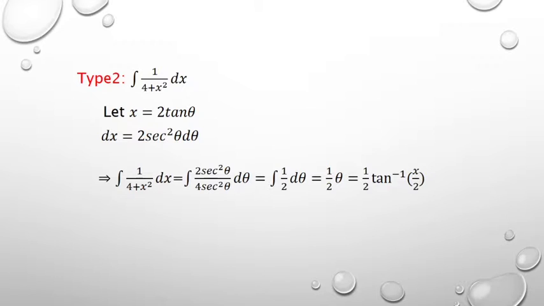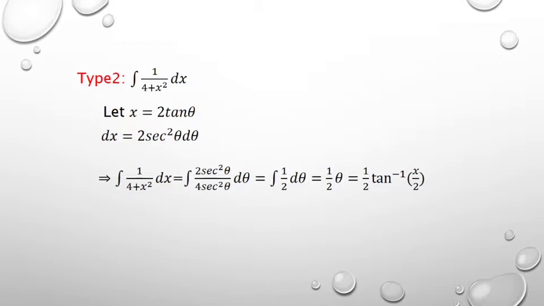The second example that we are going to discuss is for the type 2. So here we have integral of 1 over 4 plus x squared dx. Now, because we see the form of a squared plus x squared, we can let x equal to 2 tangent theta. And dx will equal 2 secant squared theta d theta.